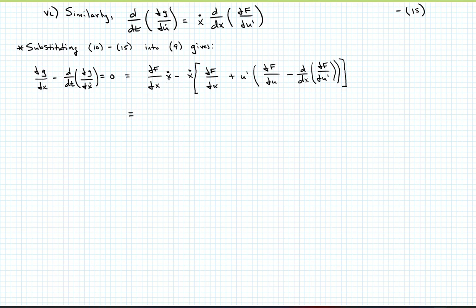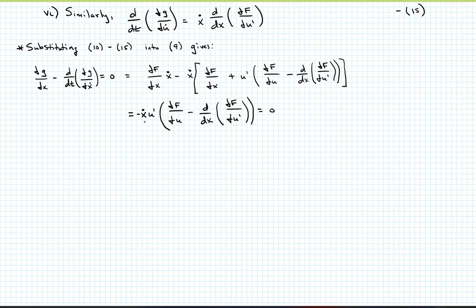You can probably see already that this partial f with respect to x times x dot cancels out with that first term there, and we're left with the following term, which is just x dot now times, there's actually a negative here, times u prime times our conventional Euler-Lagrange equation, partial of f with respect to u minus d by dx of partial of f with respect to u prime. And I'll just remind you that that equals 0.